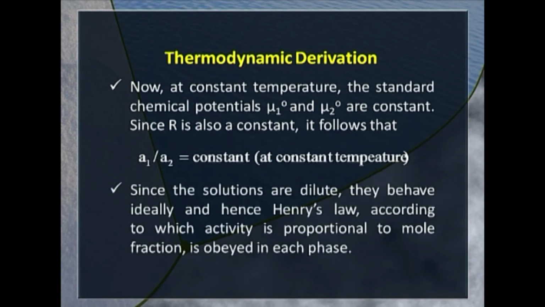We have also taken care to keep the solutions dilute, and in such conditions they behave ideally, and hence Henry's law, according to which activity is proportional to mole fractions, is obeyed in each phase.